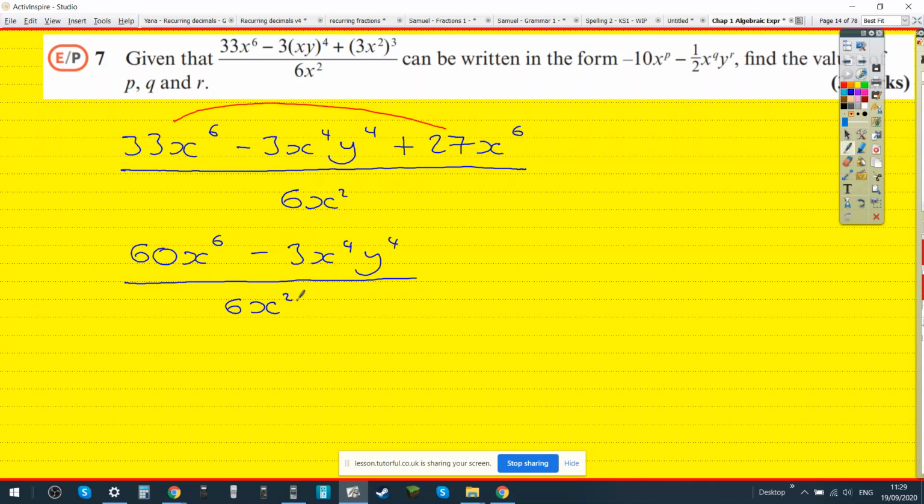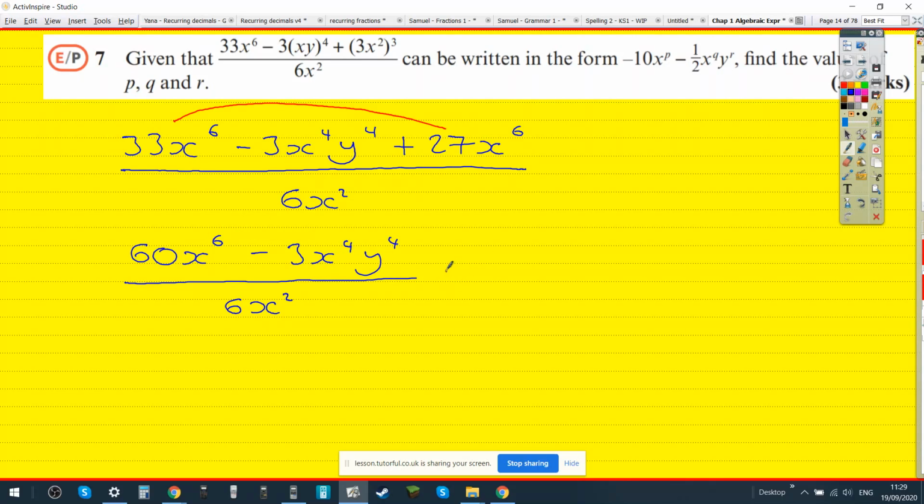Would you do the top part of the fraction first or divide it first? There's nothing more you can do on the top. Oh, okay. It's because there's a y, right? Yep. And the x is to the 4, not to the 6.